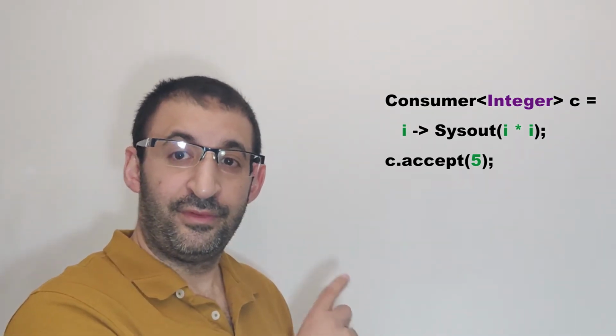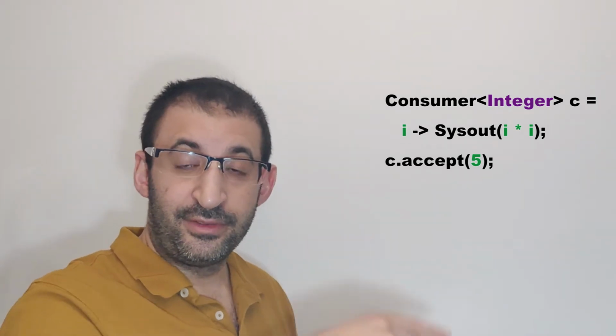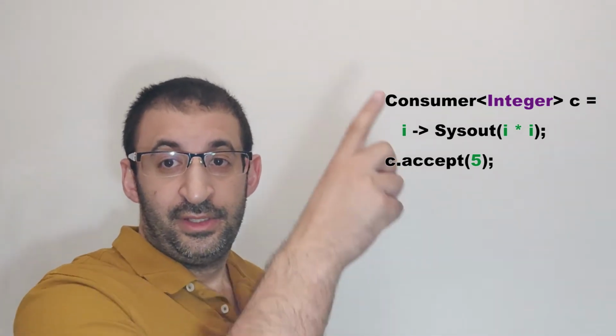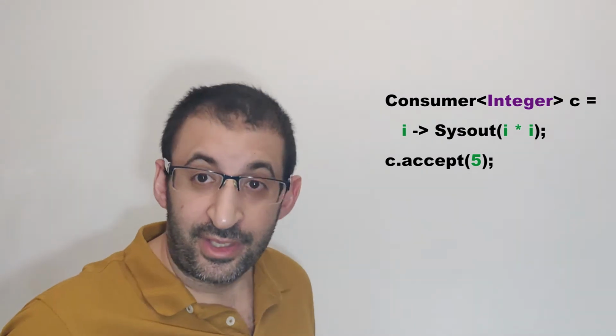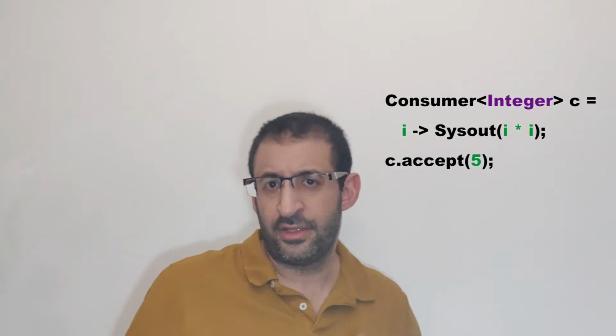When I put 5, it will of course be converted automatically by the compiler to Integer. So I have auto-boxing. For this reason, we will use a primitive type functional interface, as for the previous Predicate and Function. To resolve this, we will use this primitive type functional interface.